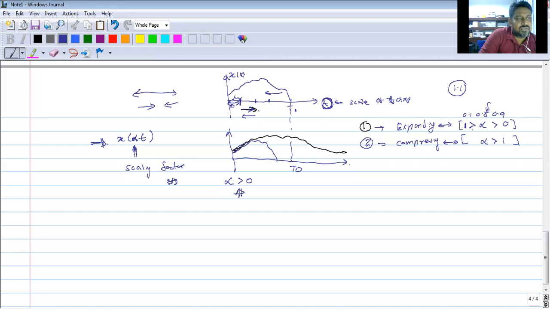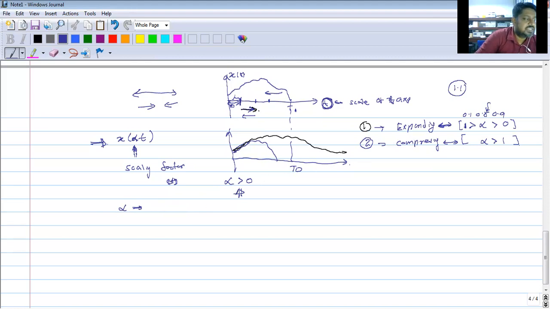So the numbers less than 1 correspond to time expanding. If I say decimal number, I am wrong, so I will say less than 1.